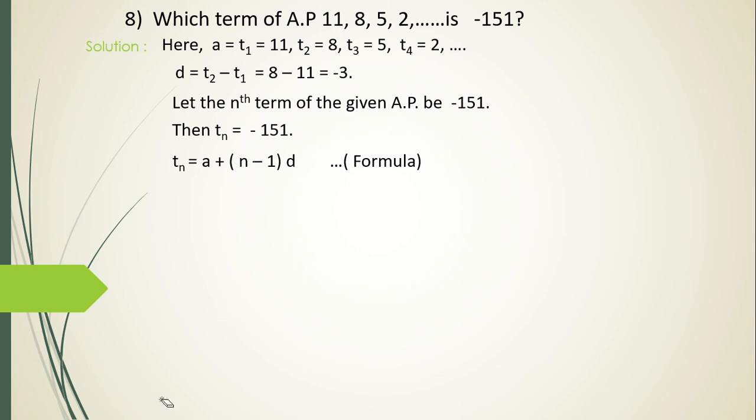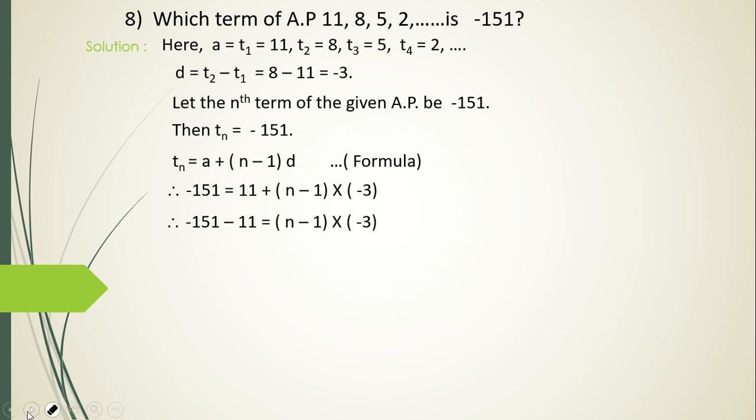So we will keep n as it is. A and D we know. A is 11, n minus 1, n we don't know, so keep that n as it is. D is minus 3. So minus 151, bring that 11 this side, minus 11 it will become, is equal to n minus 1 into minus 3.